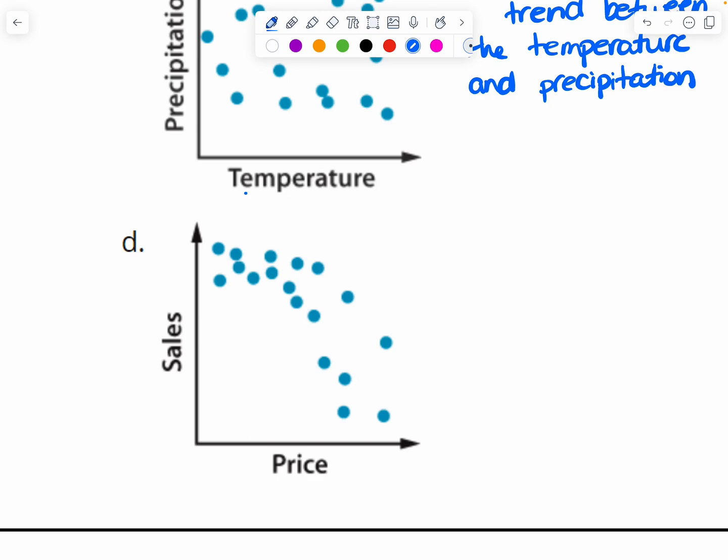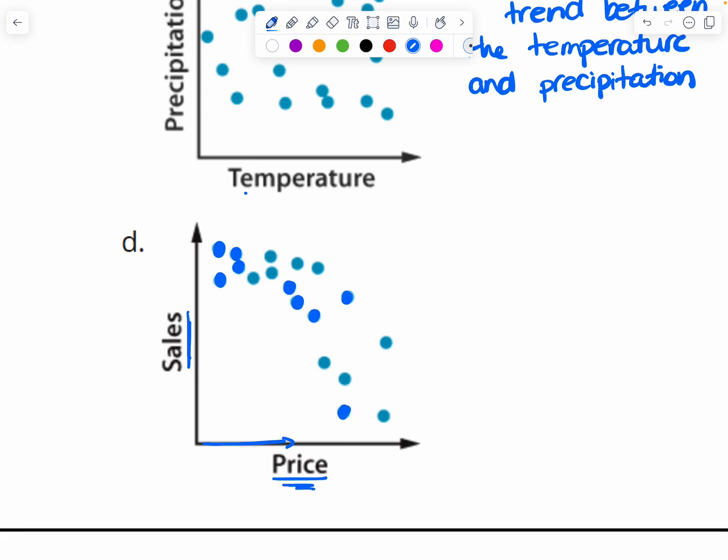Last graph, last scatter plot, is comparing price and sales. So how much something costs compared to how many items they sell. What do you notice as the price increases? Very low price up here, they're selling a lot of items. As they increase the price, the number of items they're selling are going down.